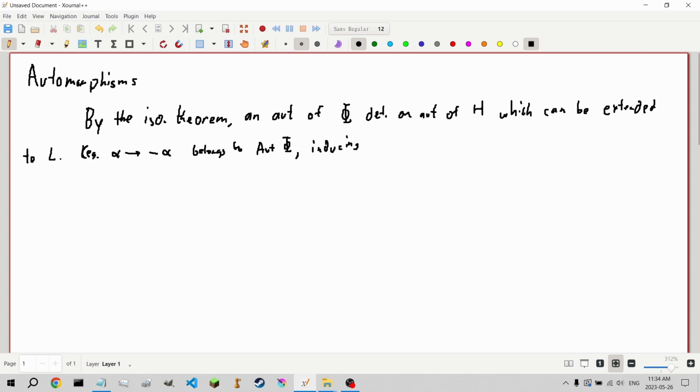And it's going to induce, obviously, h to negative h on our maximal toral subalgebra.